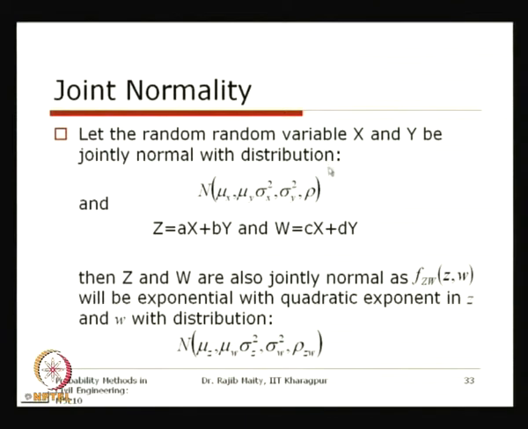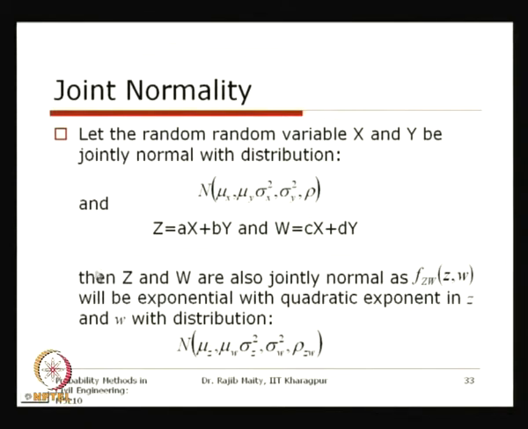So this is a joint normal distribution, and the functions we are talking about are again linear: Z equals aX plus bY and W equals cX plus dY. If we have these functions, then we can solve to find the joint distribution.